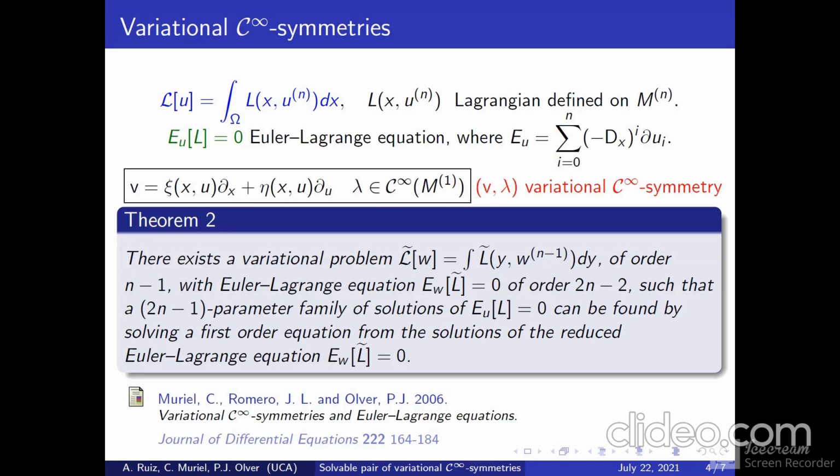This means that we can still recover a (2n-1)-parameter family of solutions of the original Euler-Lagrange equation from the corresponding solutions of the reduced Euler-Lagrange equation. Another difference from the standard variational symmetry is that this reconstruction problem is solved by a first order equation, not just by quadrature as in the case of standard variational symmetries.